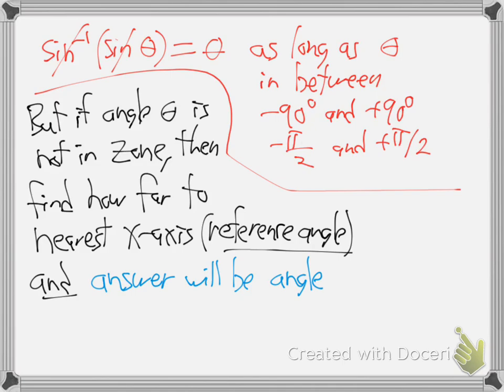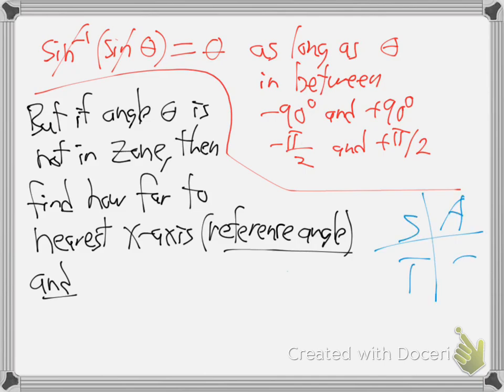Remember all students take calculus, where the different trig functions are positive. So it's got to be in the same quadrant with the same sine value. So in other words, if the angle is not in the zone, then find the reference angle, how far it is from the nearest x-axis.